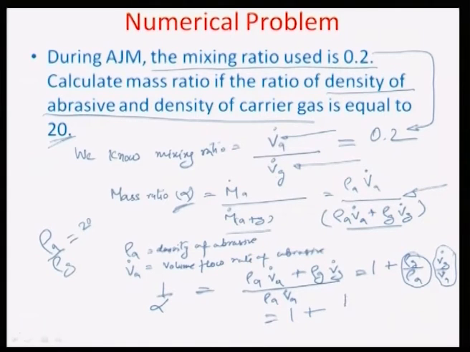So, this becomes 1 by 20 times of 1 by 0.2, and that is really equal to 1.25. So, therefore, calculating the mass ratio by inverting this is actually 80 or so, the inverse of 1.25.